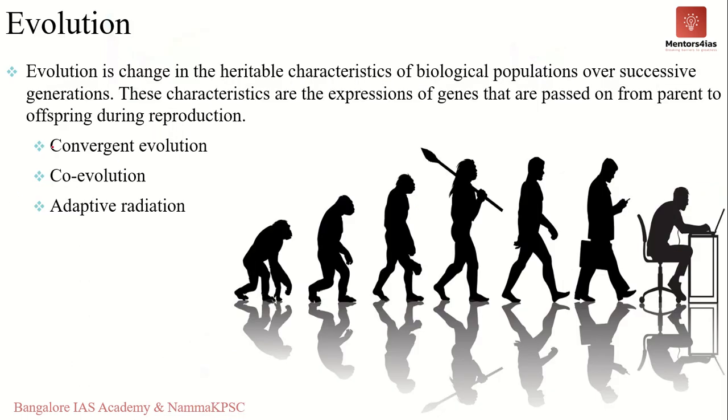Okay, next we move on to evolution. Now, evolution is very simple. I'm pretty sure everybody understands. The theory of evolution is based on the idea that all species are related and gradually change over time.